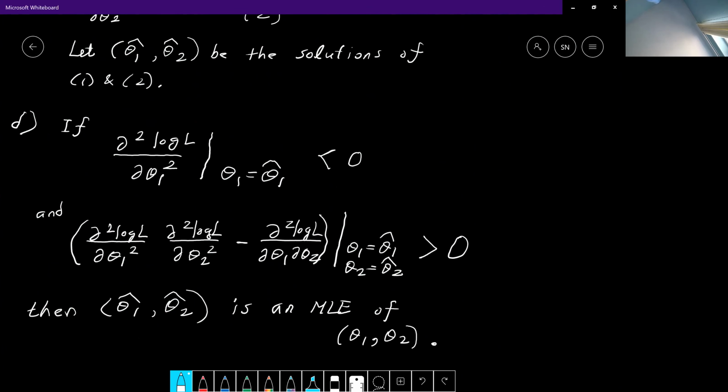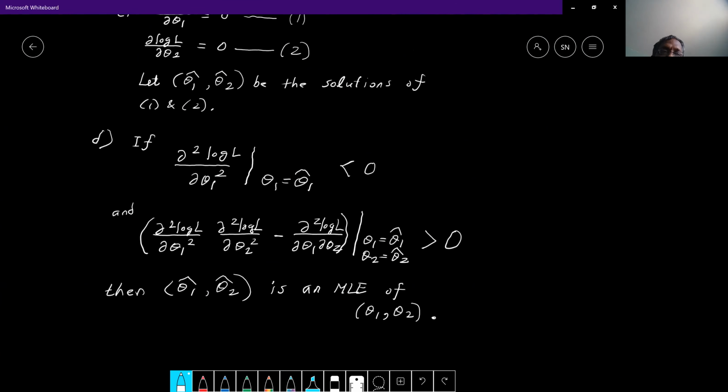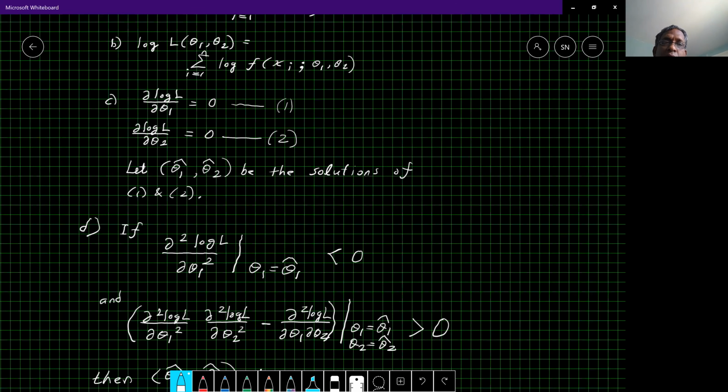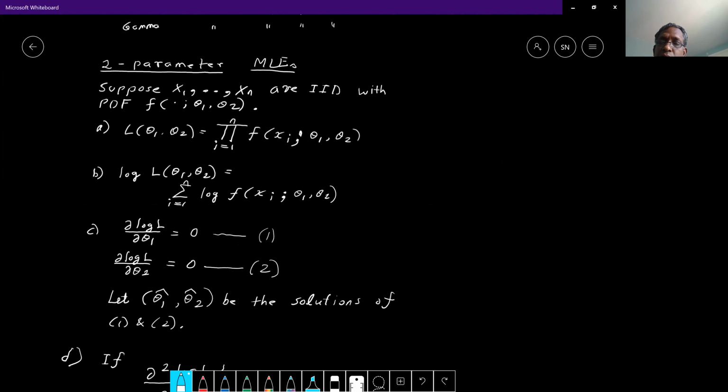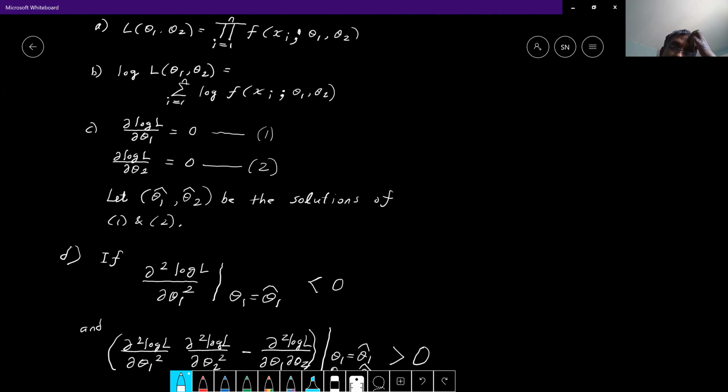So it involves more calculations. Just to go through it again: the first step is to write down the likelihood function. The second is to take the log likelihood. The third is to take the partial derivatives and set them to 0, so you get two different equations, and you need to solve the equations for theta 1 and theta 2, and let theta 1 hat, theta 2 hat be the solutions.